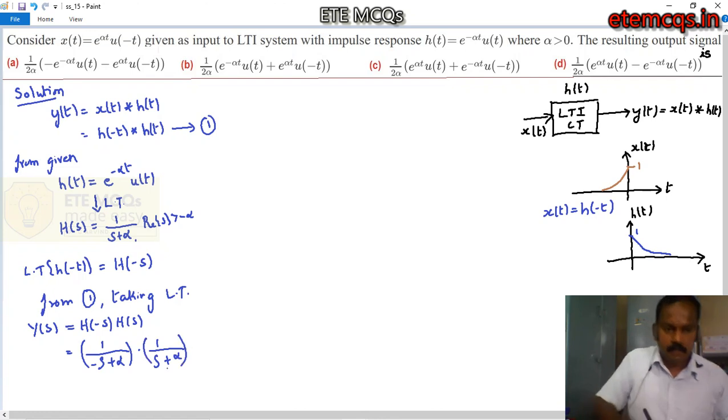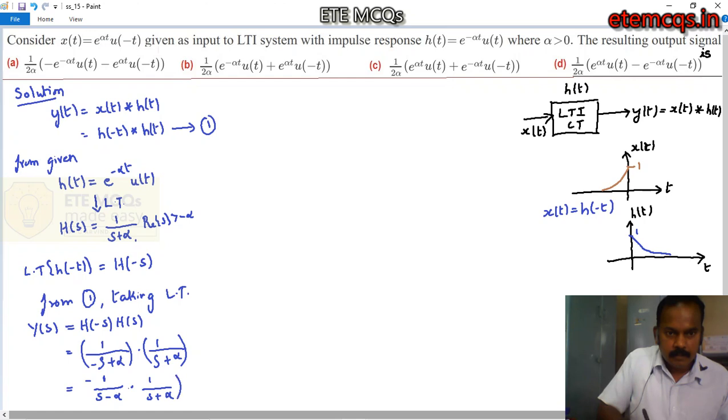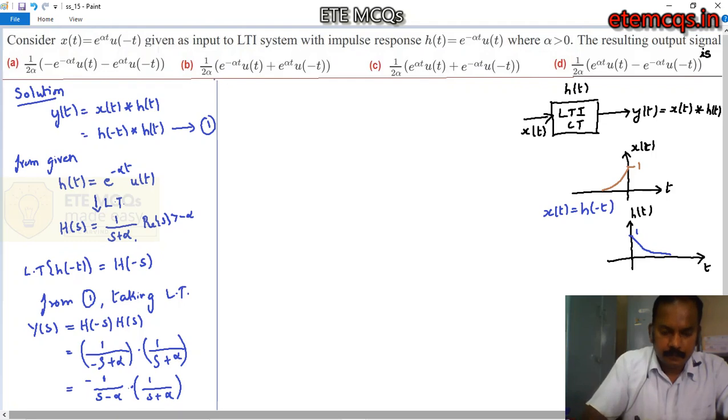This can be rewritten by taking the minus sign common, so that I get minus 1 by s minus alpha into 1 by s plus alpha. Now Y of s is nothing but minus 1 divided by s minus alpha into s plus alpha.